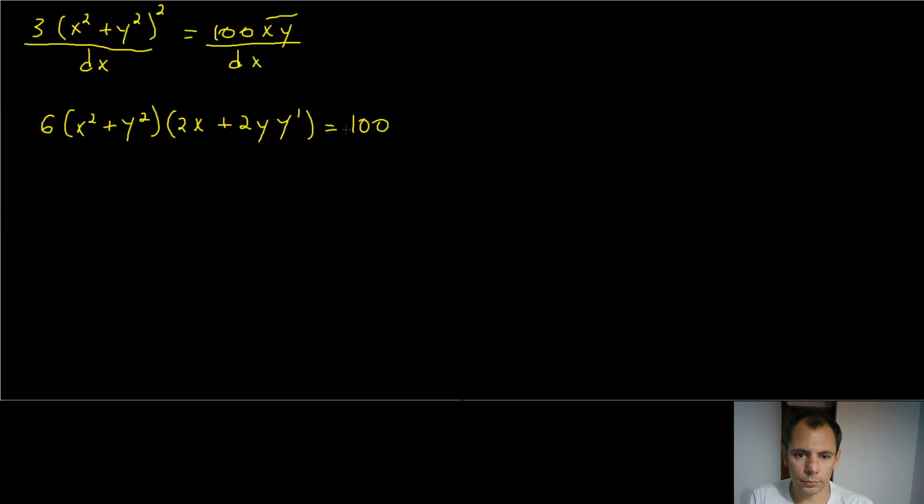So differentiating the first one, it's 100 times, and here you have 1 times y, which is y, plus x times y prime. So first I differentiated the first one, x with respect to x, which is just 1, and repeated the second.